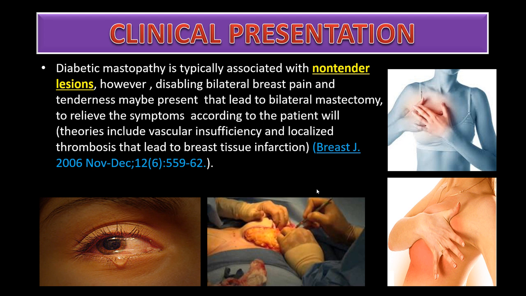However, disabling bilateral breast pain and tenderness may be present that lead to bilateral mastectomy to relieve the symptoms according to the patient's will. Theories include vascular insufficiency and localized thrombosis that lead to breast tissue infarction.